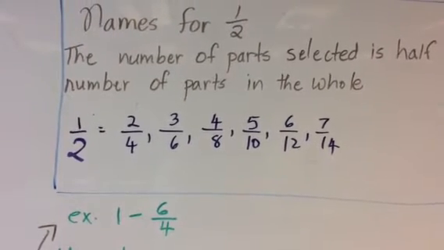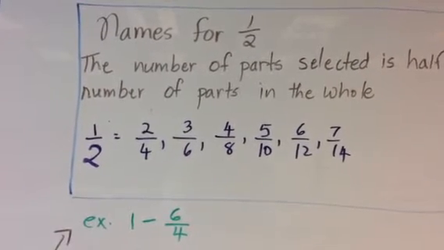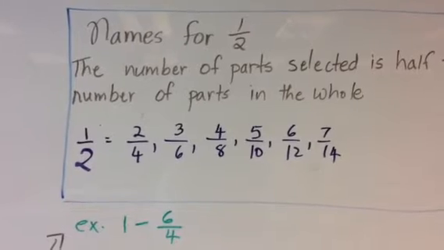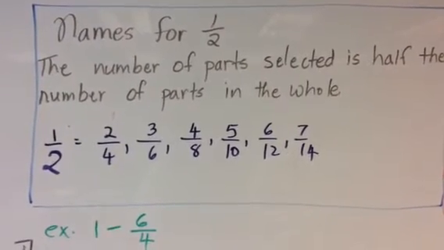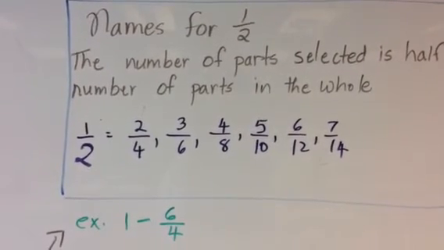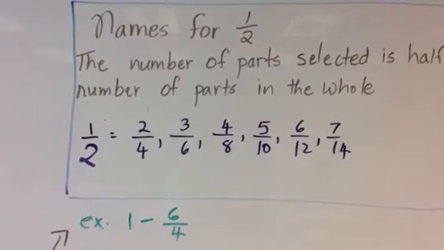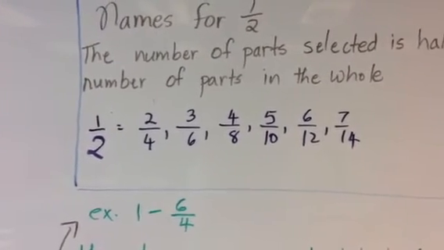So 1/2 is equal to 2/4, 3/6, 4/8, 5/10, 6 over 12, 7 over 14. Also, 1/2 is the lowest term. Later on, I will tell you how it is.